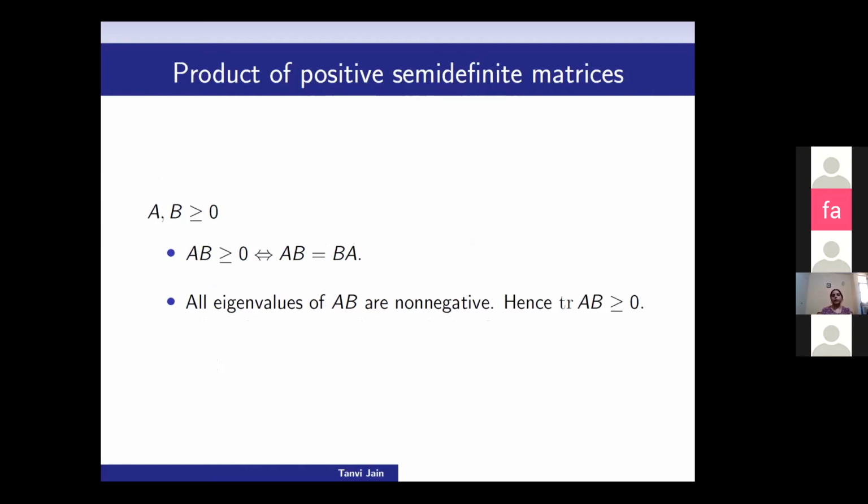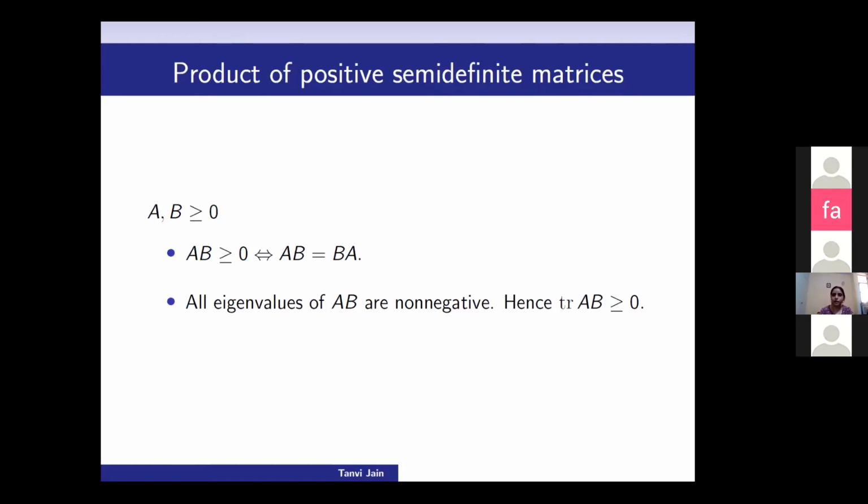Now, if I take A and B to be positive semi-definite matrices, their usual standard matrix product AB is positive semi-definite if and only if I have the most stringent condition that I can think of in matrix theory, which is AB is equal to BA. The two matrices commute.